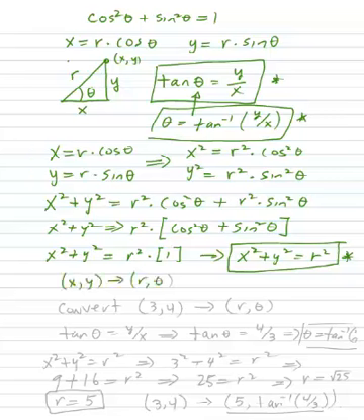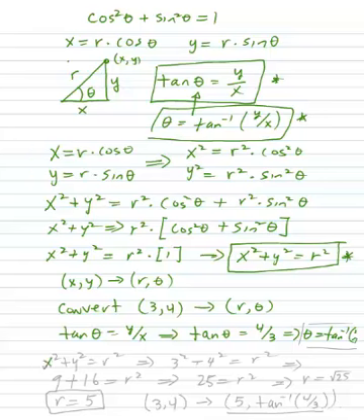So for example, we want to convert the rectangular point 3, 4 into polar coordinates, r comma theta. Well, we have that the tangent of theta is y divided by x, so that tells us the tangent of theta is 4 divided by 3, and theta is the arctangent of 4/3.